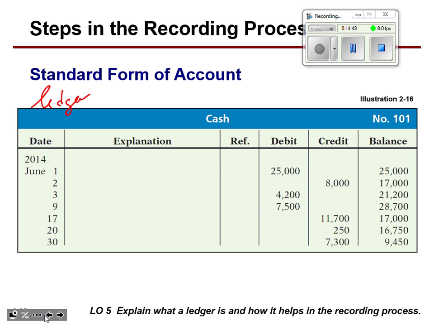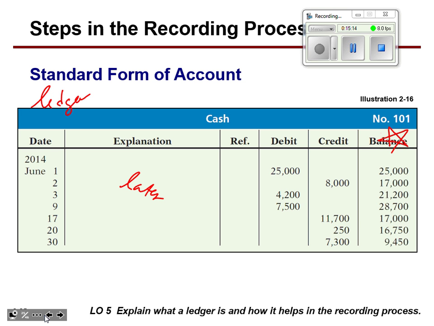What do we see happening here? We see the dates. You'll later use the explanation, you won't use that here. There's a debit column, a credit column, and a balance column. What always goes with the star?